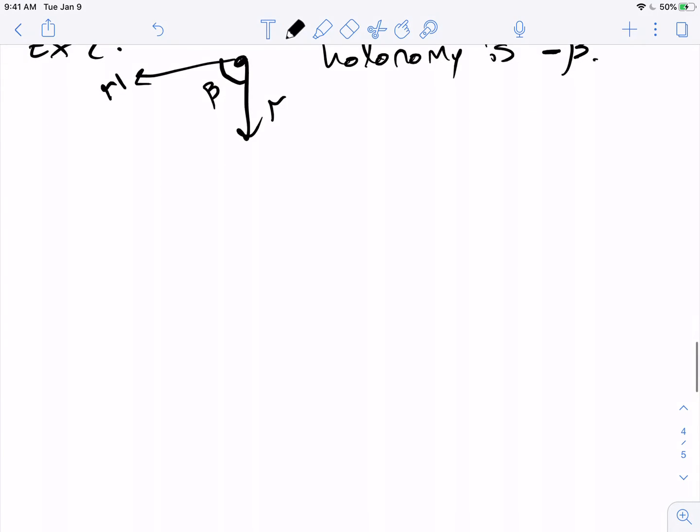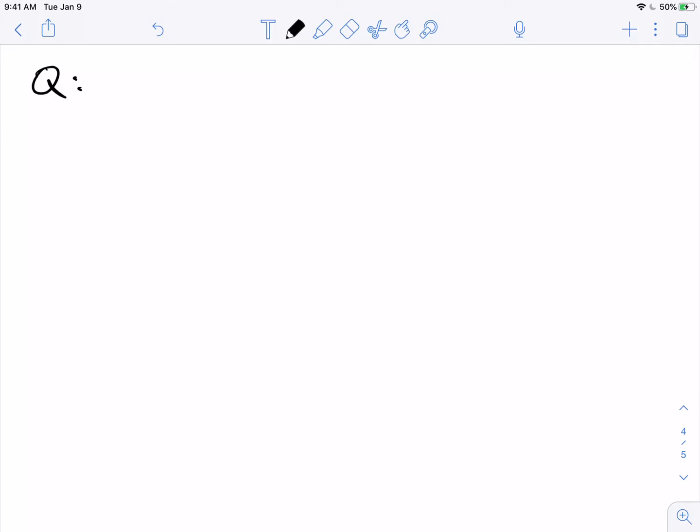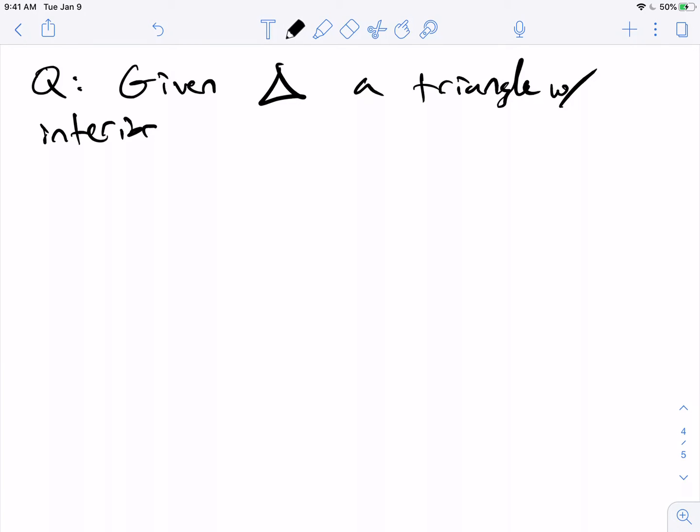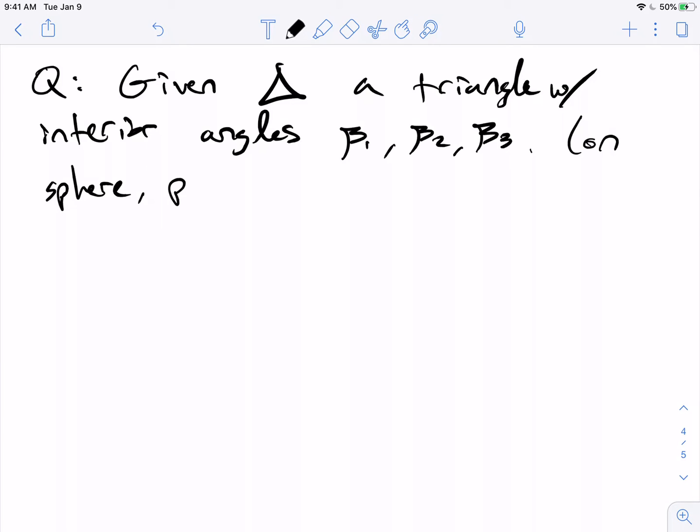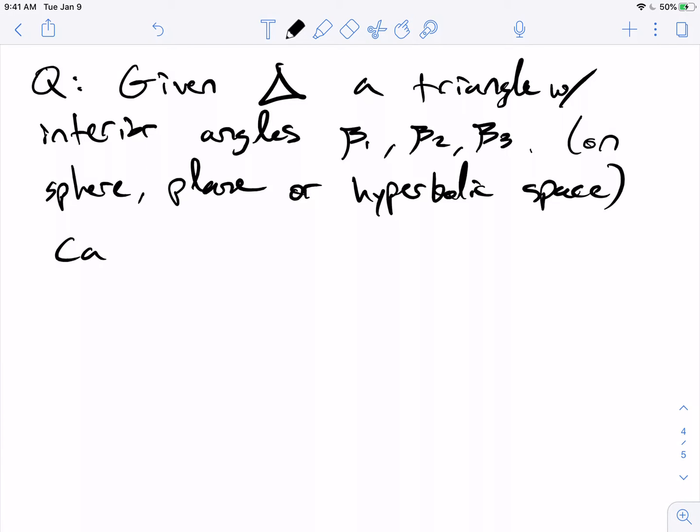Okay. Now, the homework question that I want you to do is, given a triangle, and again, it's more interesting if we're not on the plane, but we can be on the sphere or hyperbolic space for this calculation. So given delta, a triangle, with interior angles beta 1, beta 2, beta 3, the question is just calculate the holonomy.